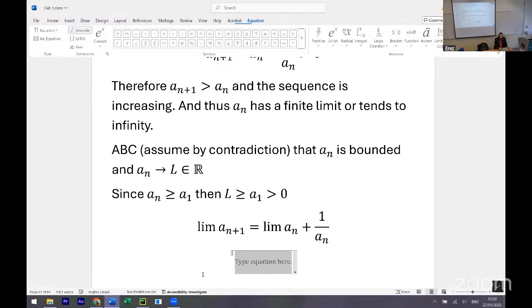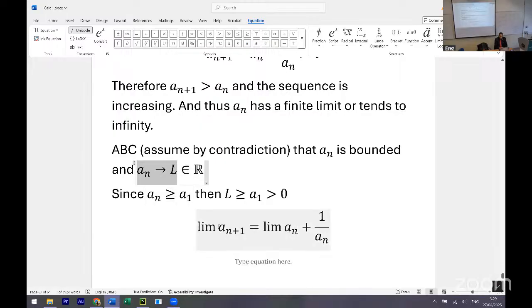What is the limit of AN plus 1? If AN tends to L, we learned a theorem that says that AN plus 1 also tends to L, because it differs only in the first element. What about the right side, AN plus 1 over AN? What is its limit?